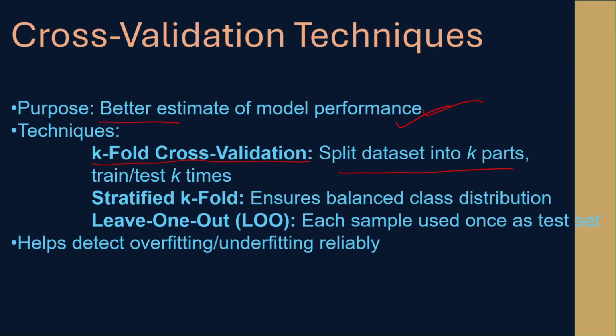The next one is stratified k-fold, which ensures balanced class distribution. And the next one is leave one out, also LOO. This is very important. In this, each sample is used once as a test set. It helps to detect overfitting and underfitting reliably. So from this slide we have understood the cross validation techniques. Now we will go to the notepad and understand it in detail.